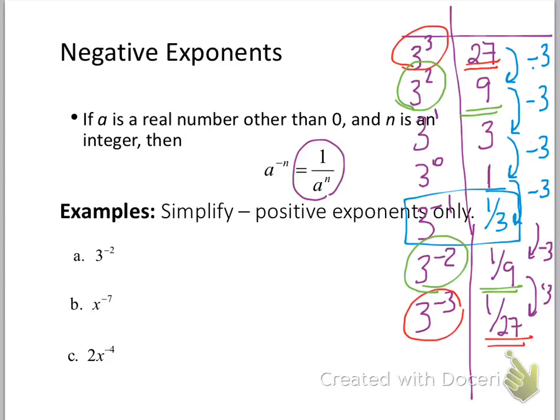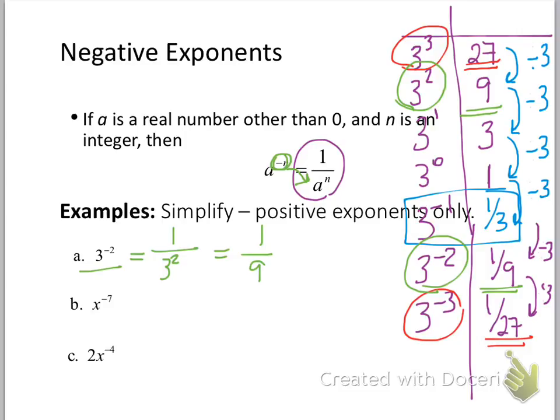So the rule is, if you have a negative exponent, move it to the bottom of a denominator, and it'll become positive, and put a 1 in the numerator. So for example, 3 to the negative 2 equals 1 over 3 to the positive 2, which can be simplified to 1/9.